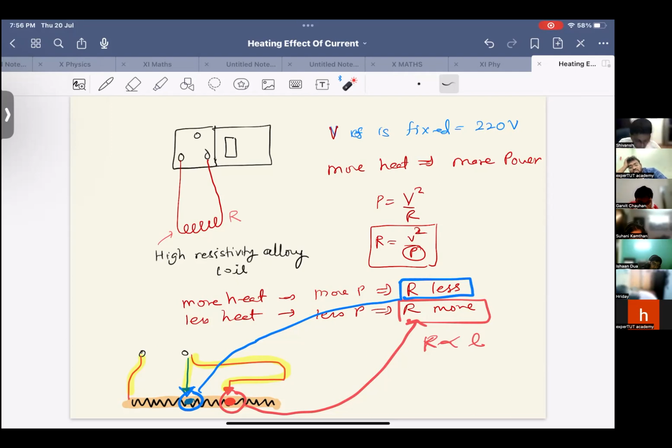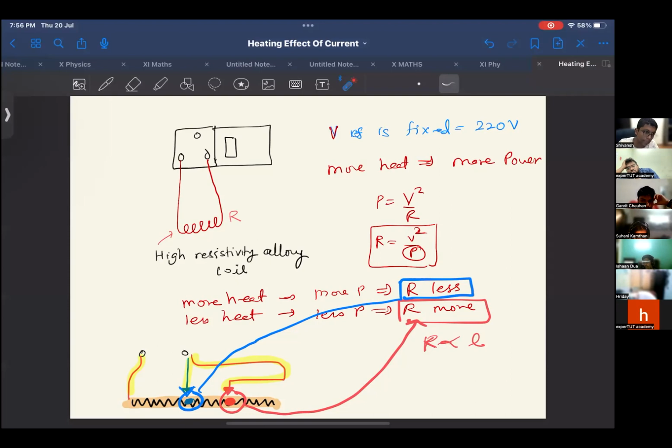After some time of switching it on, due to the passing of current, its temperature increases and therefore its resistance increases. ठीक है? Its resistance increases and therefore the power decreases. Understood?